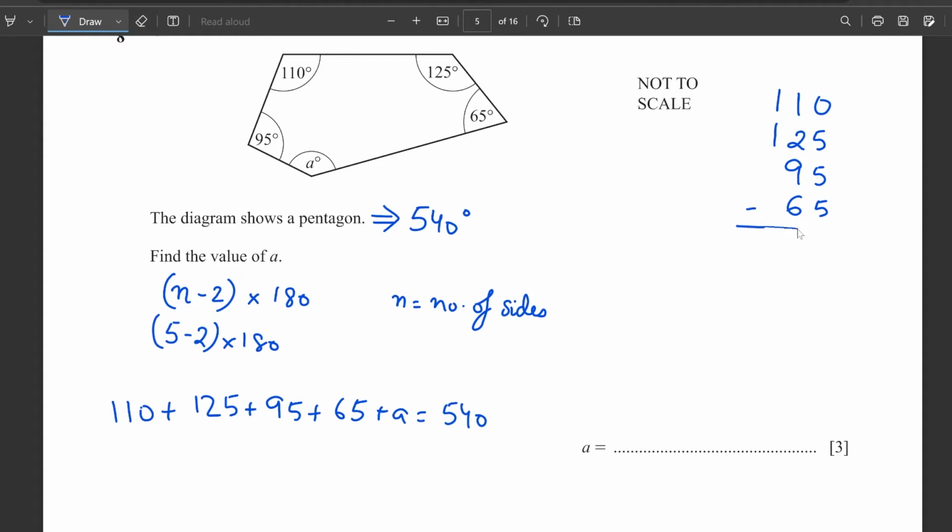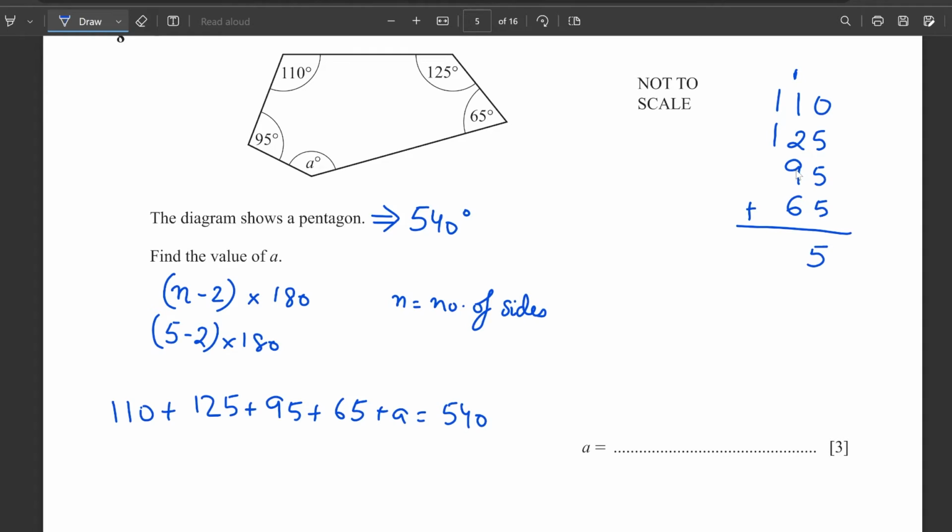So don't freak out, take a complete breath, relax, and now start adding them. 5 plus 5 plus 5 is 15. You're going to write 5 over here and carry 1.